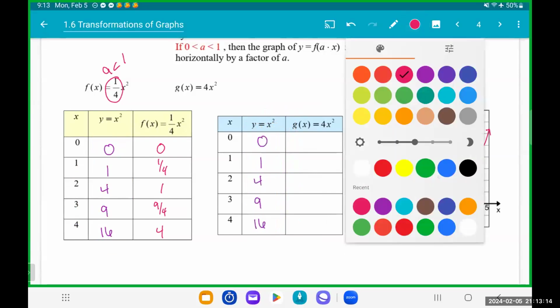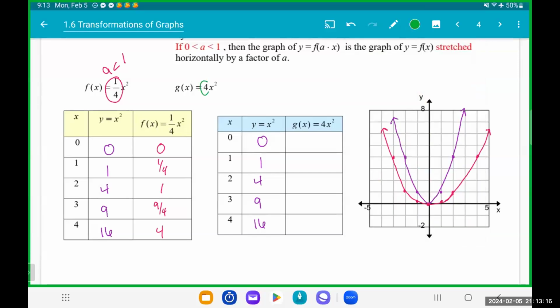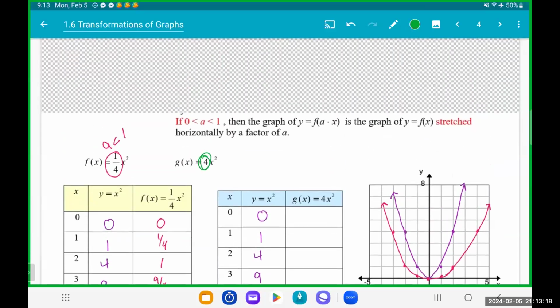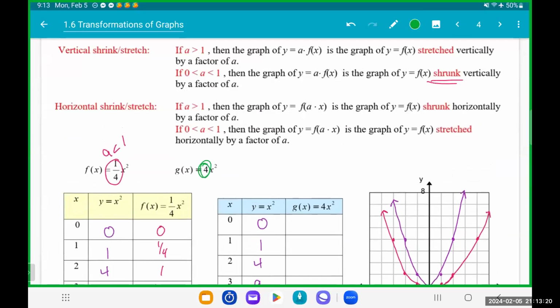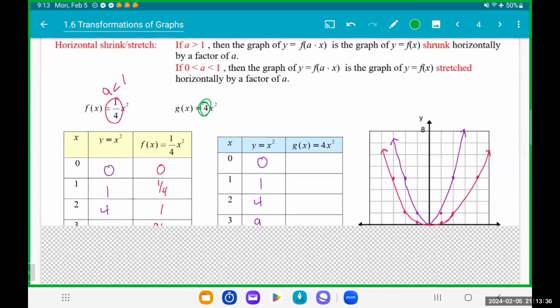Now you will see that we have the 4, it's multiplied by, it's greater than, right? So here, actually we're still on this one. Our A is greater than 1, okay?